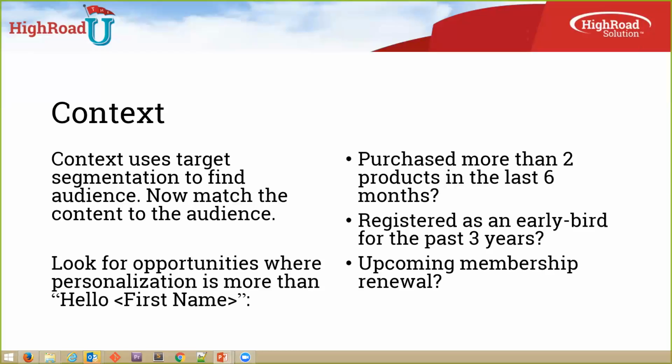If a person has registered early for the annual conference for the last 3 years, looking at that data point, maybe you should send a different communication to that person than to the person that historically registers at the last minute. And upcoming renewals can be something that sits inside of a newsletter.